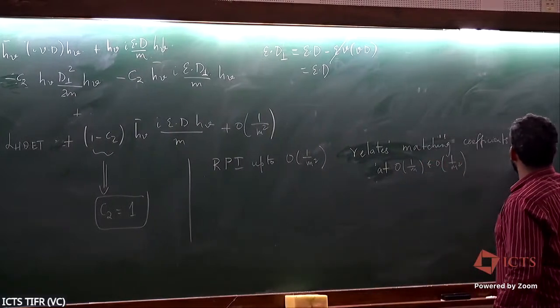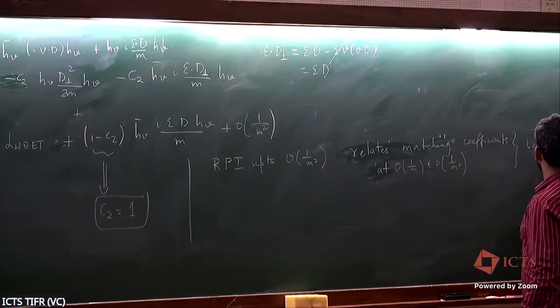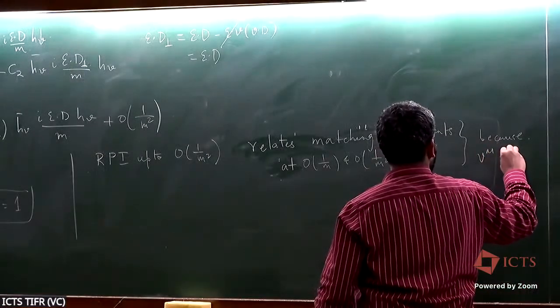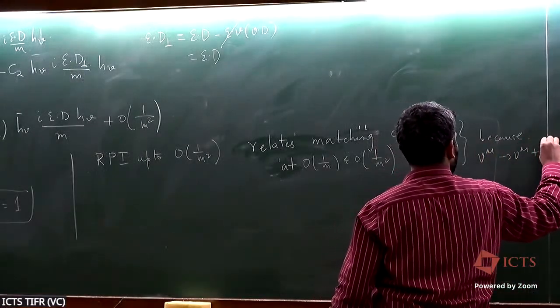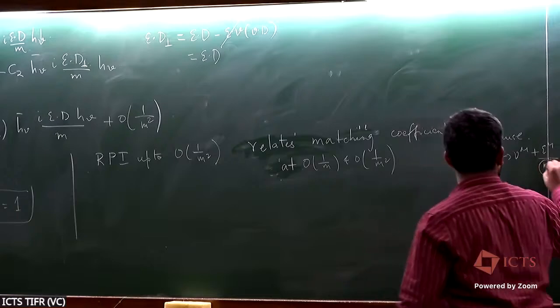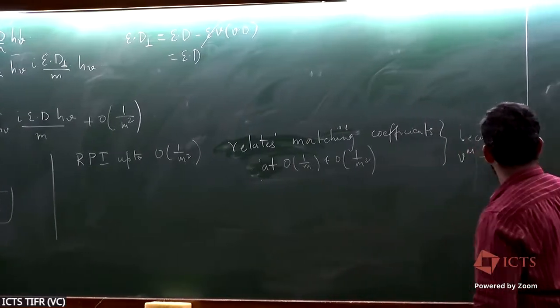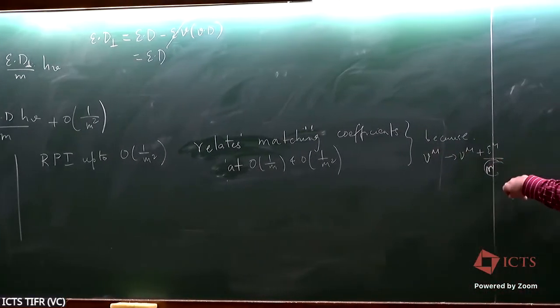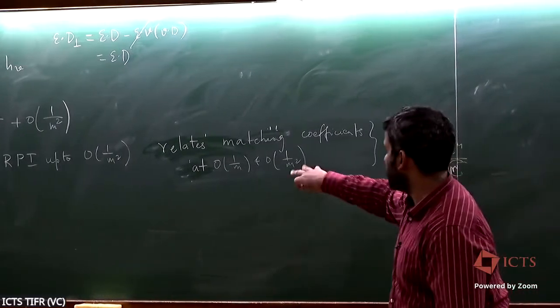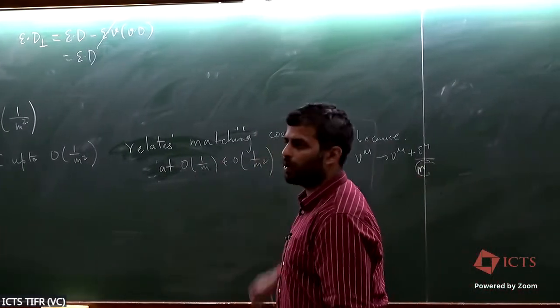This happens because v mu changed to v mu plus epsilon mu over m. So this m dependence in the change of v mu is what is giving the relation between 1 over m and 1 over m squared.